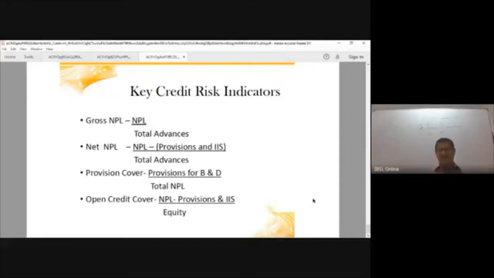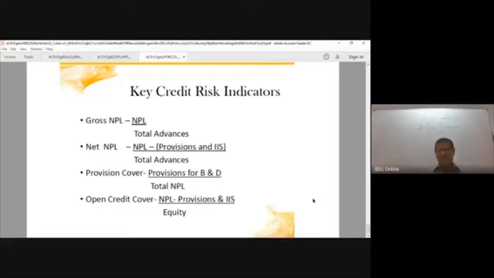Now, NPL less provision and IIS will give you a figure of the amount of bad loans in your bank after reversal of provisions and interest. The board of directors would like to measure the riskiness of those by dividing it by equity.